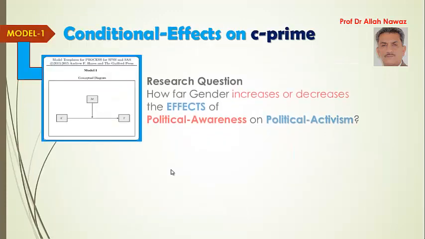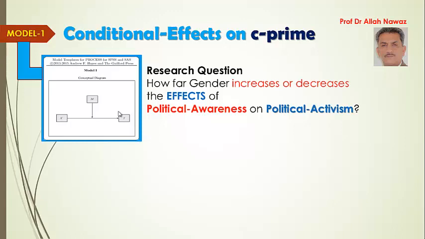The model has to be supported by a research question, to which the model will help in analyzing the data statistically to answer. The research question is: how far does gender increase or decrease the effects of political awareness on political activism?